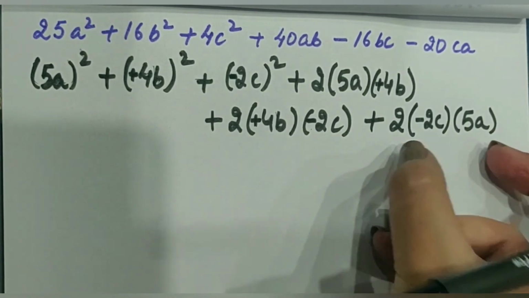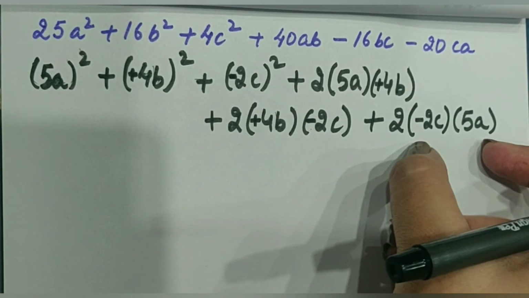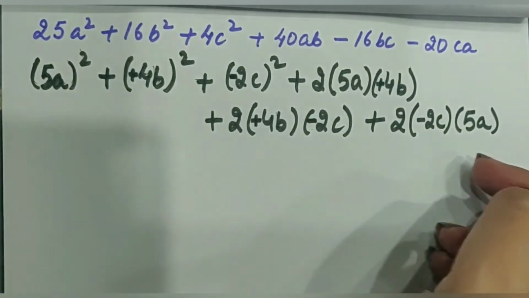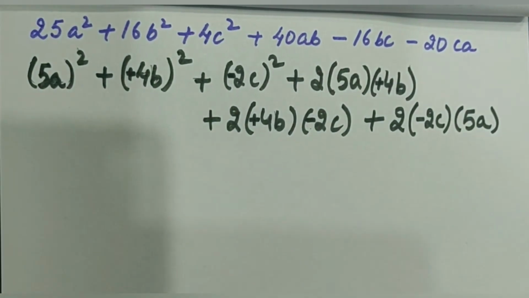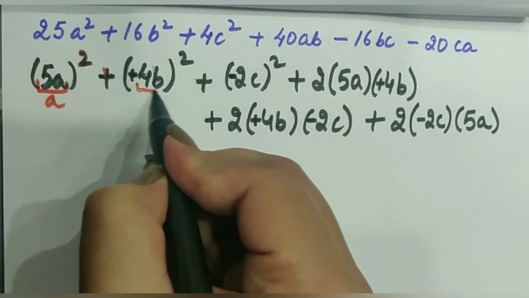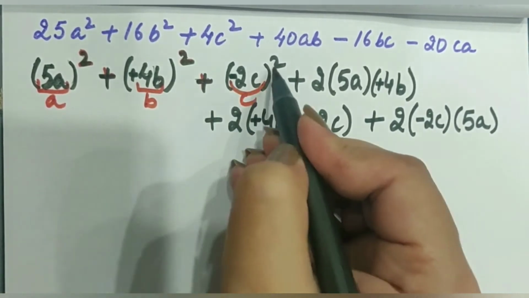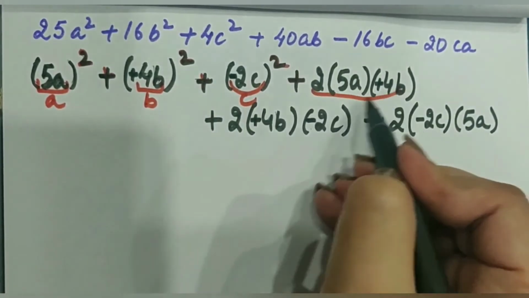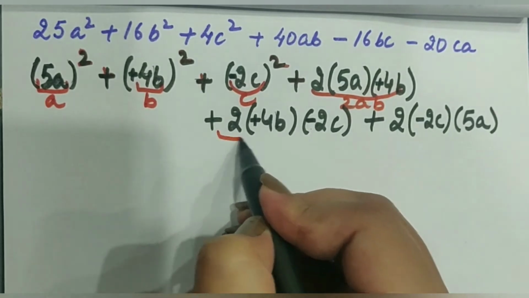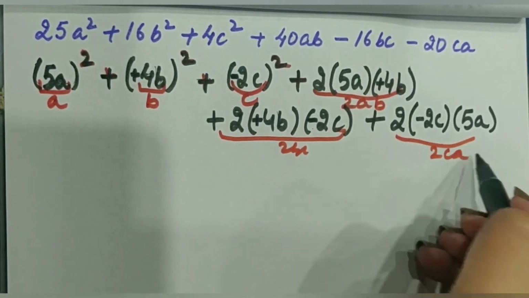That means this becomes minus 20CA, and this was originally in the question. That means we have done right. Now this is the form of A square plus B square plus C square plus 2AB plus 2BC plus 2CA.